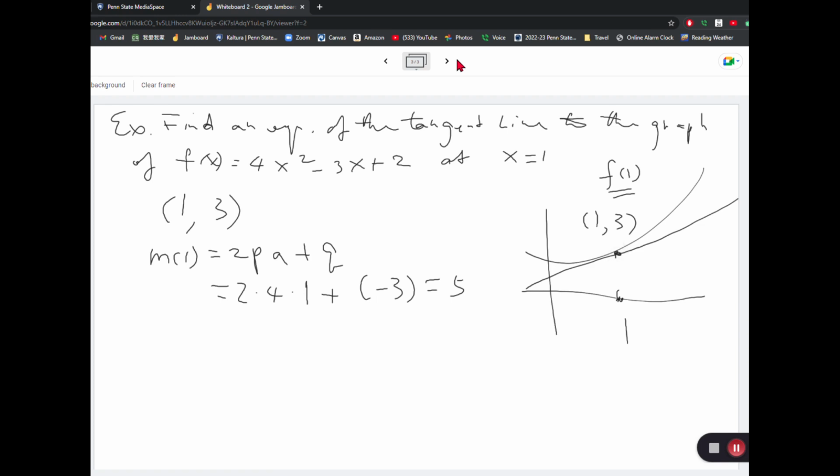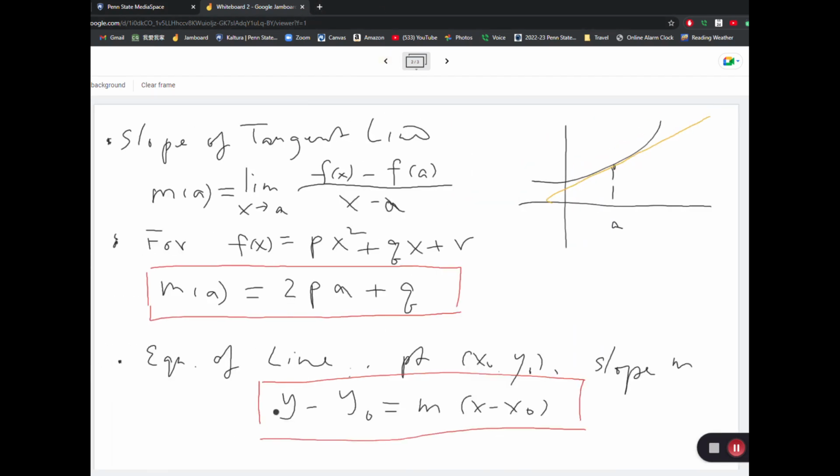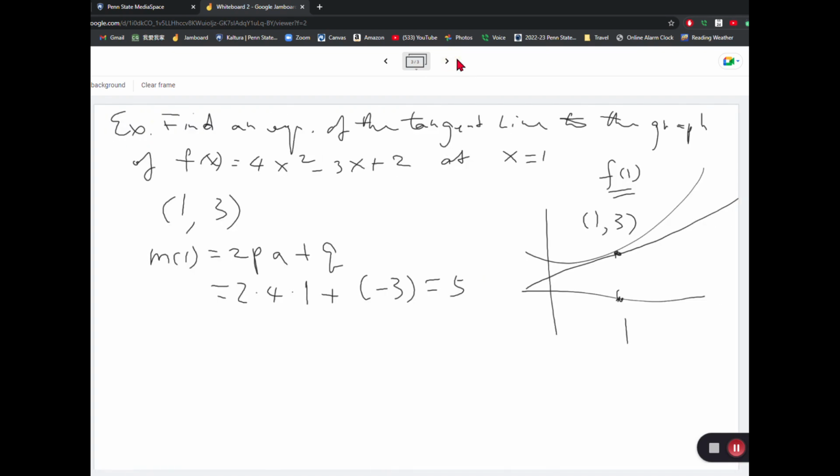The coordinates of the point are 1, 3. And then we just plug into the formula, y minus y0 equal to slope times x minus x0. So the equation of the line is going to be y minus y0, which is 3, equal to the slope, 5, times x minus 1.